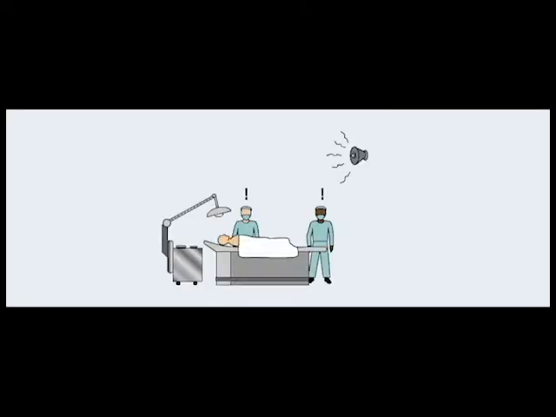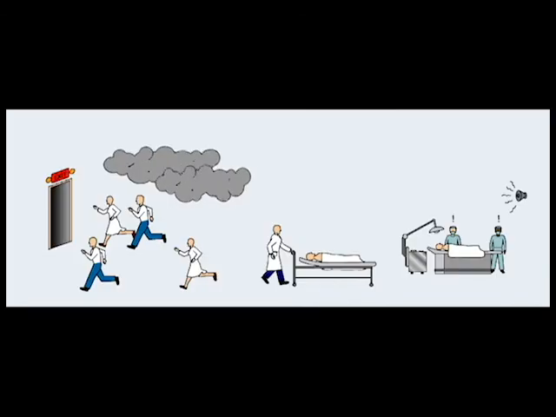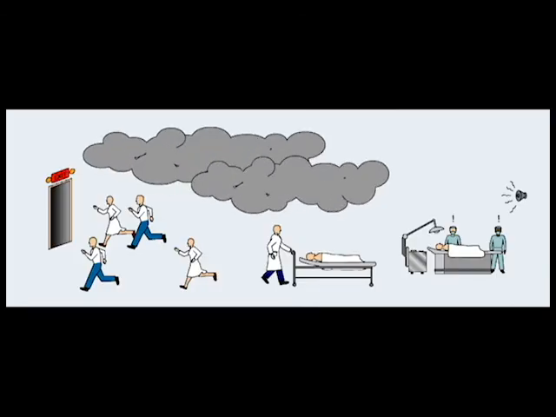A fire alarm in an operating suite is an example of a potentially expanding incident. Maybe it's just a false alarm which can be easily rectified with a simple phone call, but maybe it's not. A fire in an operating suite would require quick evacuation of staff and the patient, who may not be in a position to be moved. If not contained, the smoke will spread rapidly through the area.